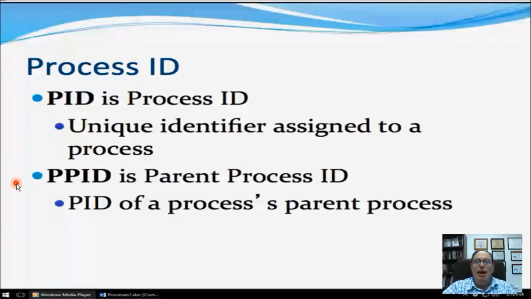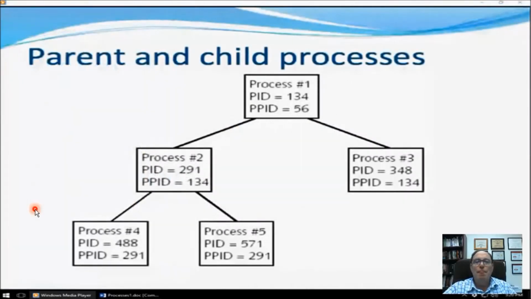The PPID, on the other hand, is the Parent Process Identifier, and that is the process identifier of any process's parent. Like I said, any process except the init process will always have a parent. And the processes are linked to their parents, and that is the PPID, or the Parent Process Identifier.